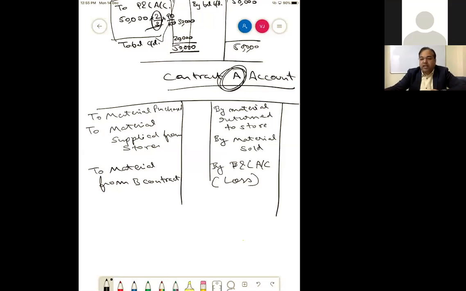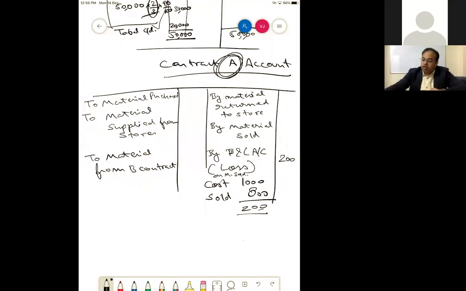Suppose cost of the material is rupees 1000 and then you sell it at rupees 800. Now you bear the loss of 200. So you transfer this 200 into PL account by way of loss on material sold.